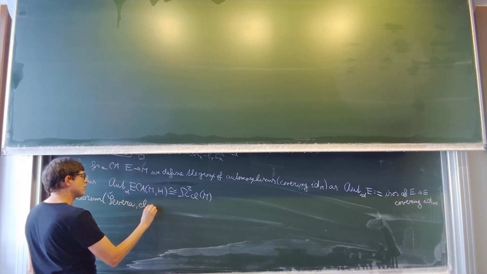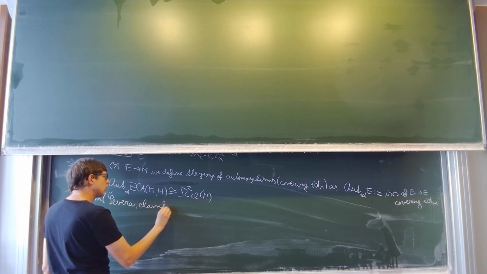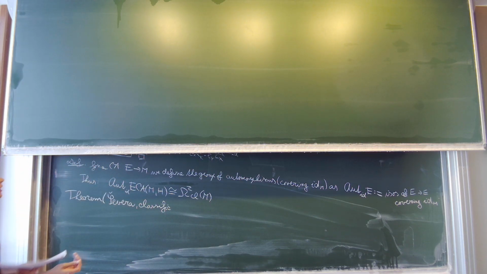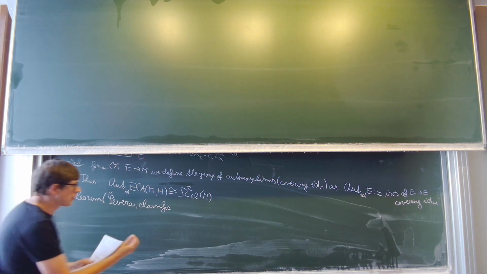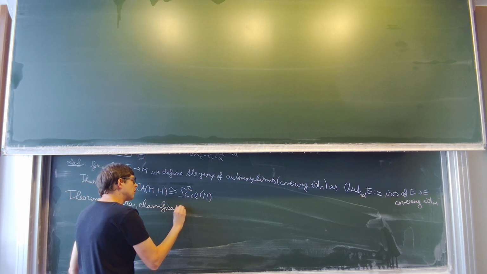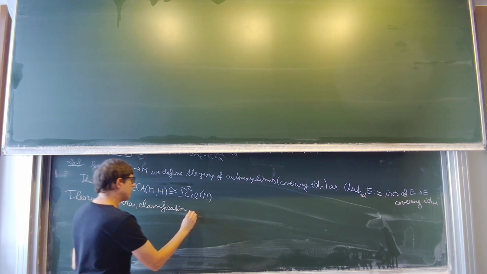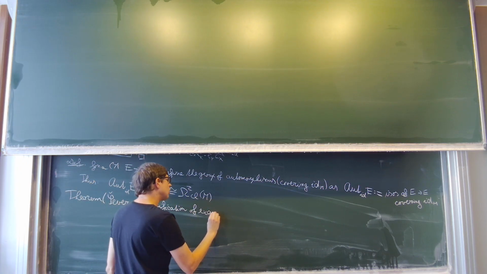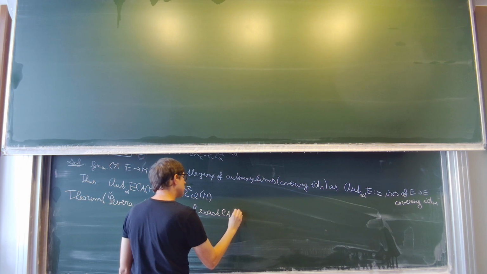So classification. I kind of split it into this chain of propositions. So already the statement that we've seen so far was part of the classification. But let me state the theorem here. Classification of exact Courant algebroids.